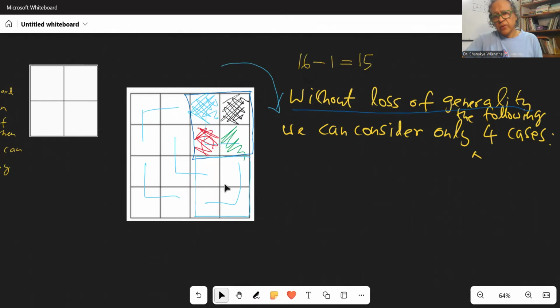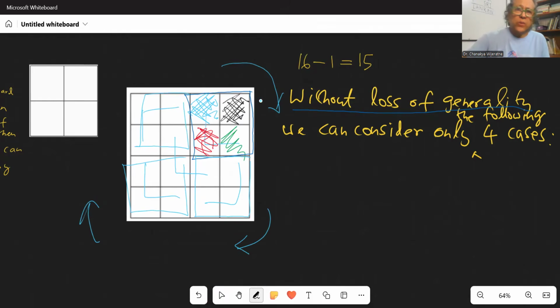And if you rotate this by 180, it will be here, so these four squares are covered. And if you rotate it by 270, it'll be here, and it is covered.